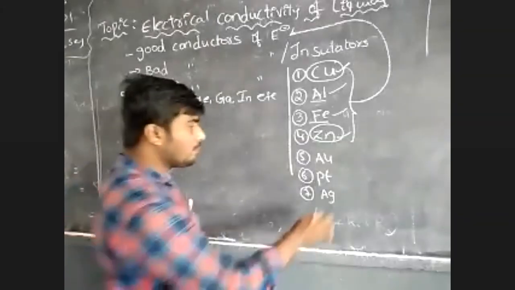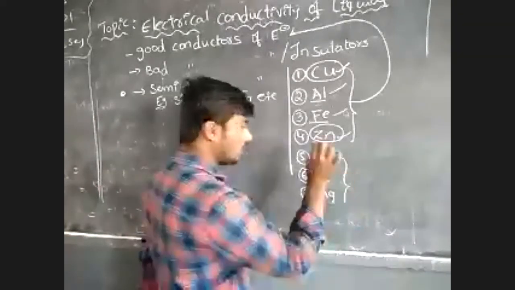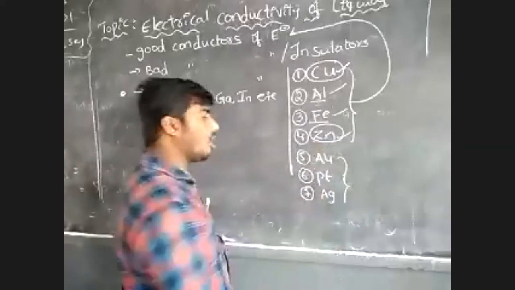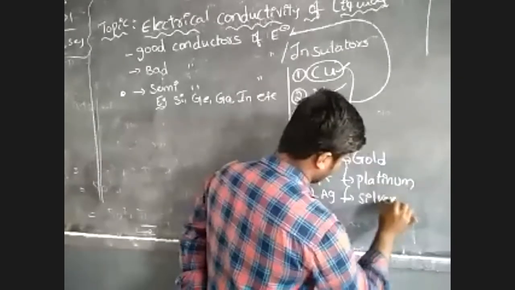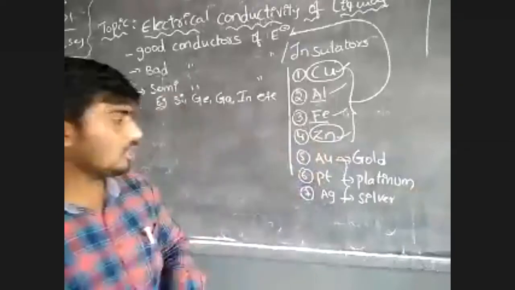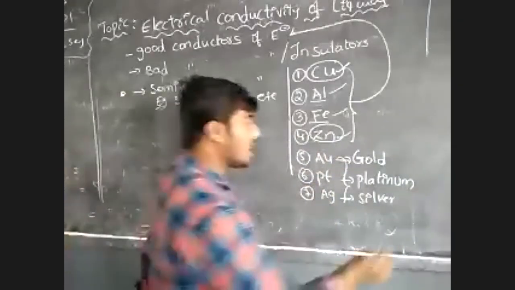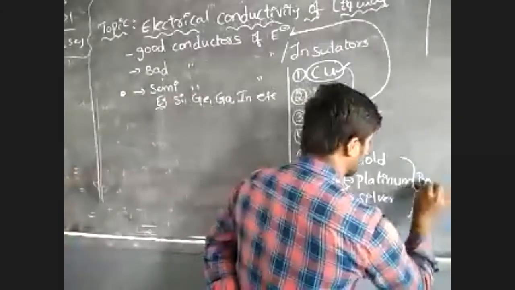Whereas these are platinum, and silver, Argentum. So iron, platinum, and Ag, which is silver, are bad conductors of electricity.